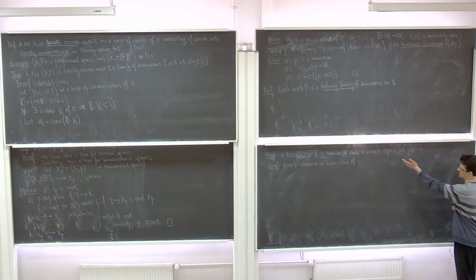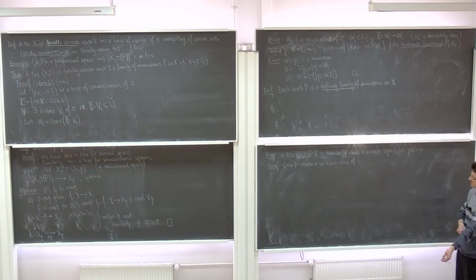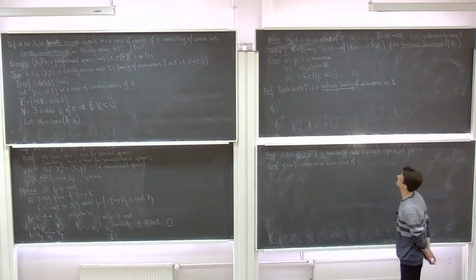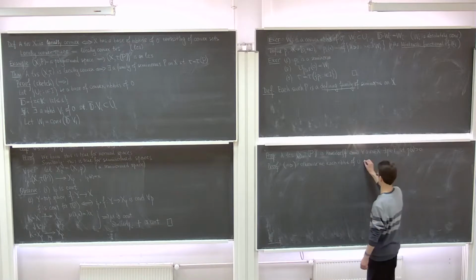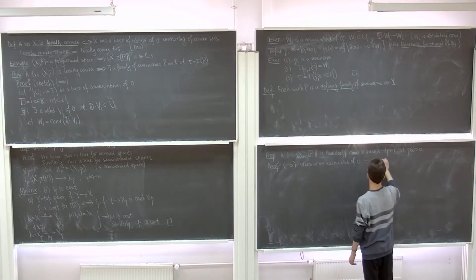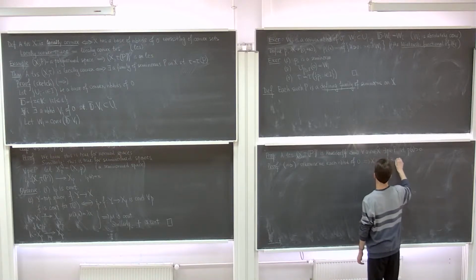Because if we look at the standard base of neighborhoods of 0 generated by seminorms, we see that x belongs to each such neighborhood. So X is not Hausdorff.